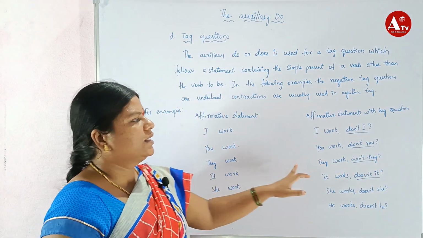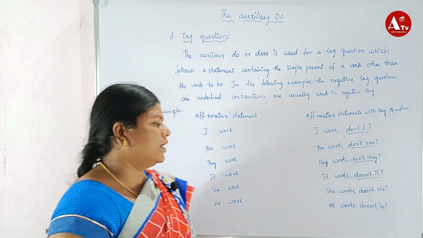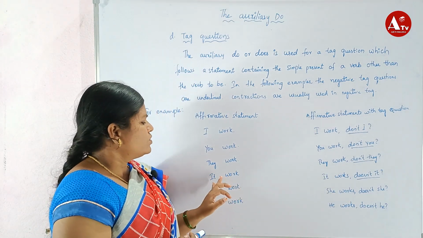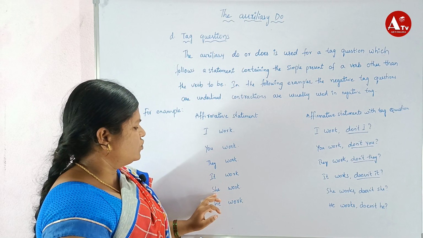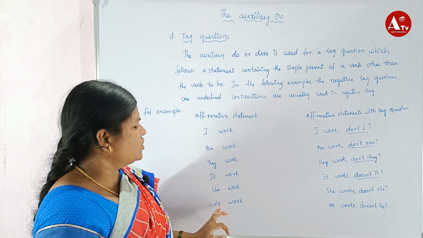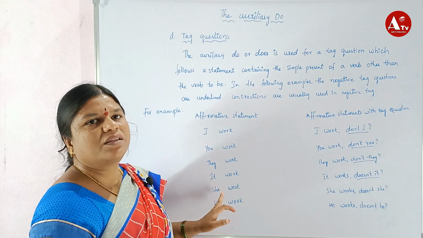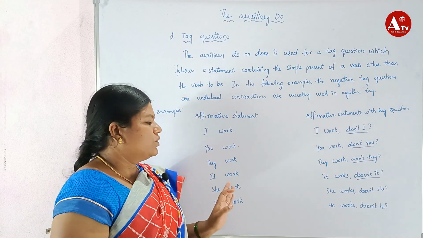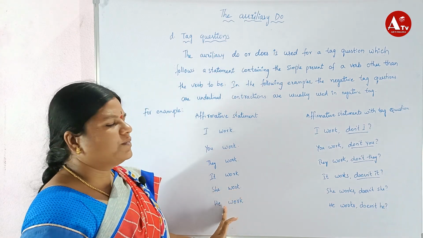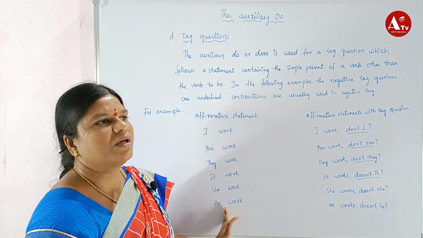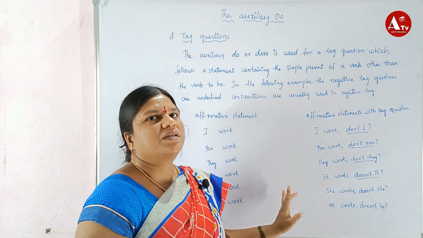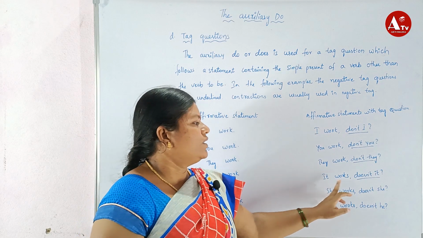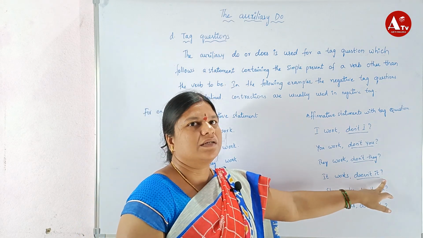They work, don't they. When it comes to he, she, it, these three come under the third person singular. Whenever they come under the third person singular, do changes to does. So it works, doesn't it.